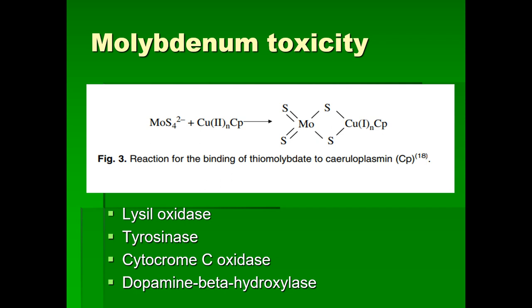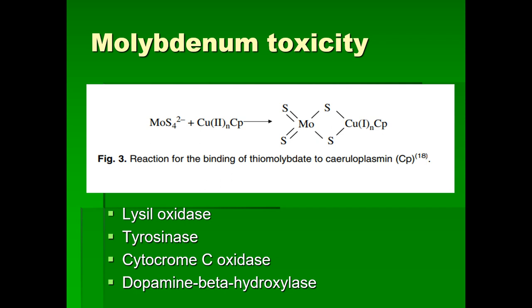If we measure the activity of ceruloplasmin and it's low, but the copper is normal in serum, we can diagnose a molybdenum toxicosis, which would be clinically very similar to a copper deficiency. Now, there are other enzymes that are also affected by molybdenum toxicity, which are listed here. For example, I'm just going to mention one.